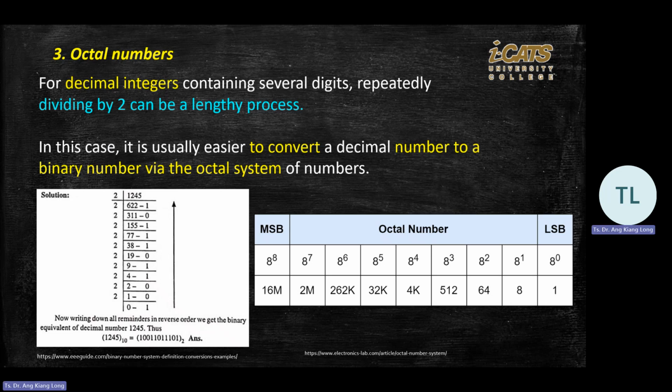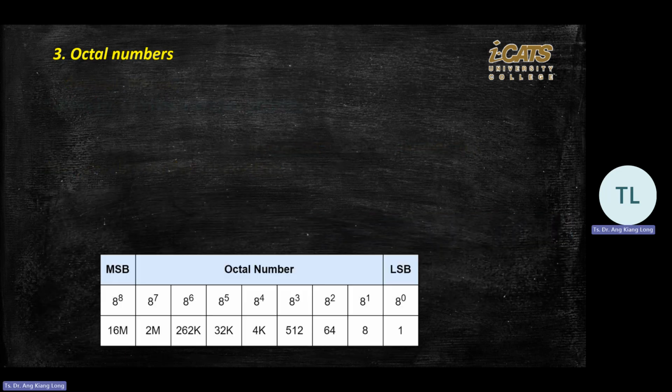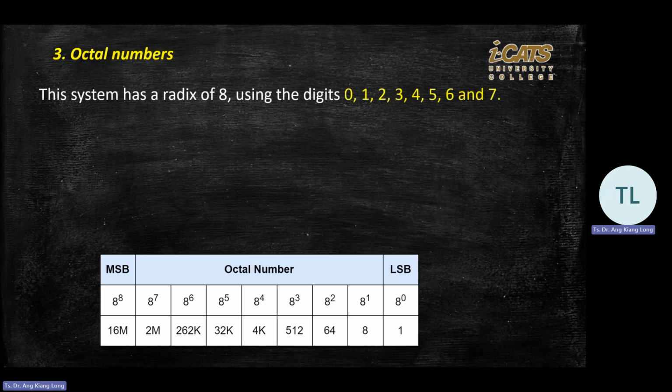So if we have a big number, we'll use octet numbers. We only use 0 until 7 to represent. 8 power 0 equals 1. But here in octet numbers, the digits are 0 to 7.